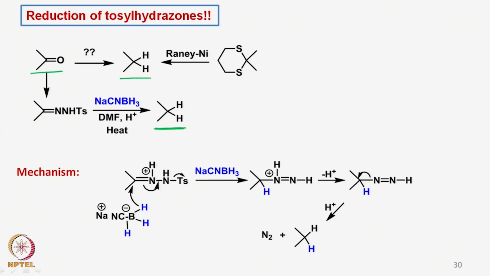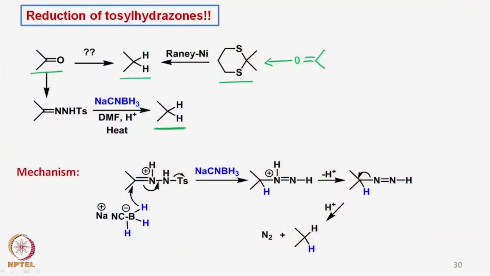If we have a carbonyl group, of course we can carry out Wolff-Kishner reduction, and then we have another possibility: we protect the carbonyl group as a dithioketal, and once we have the dithioketal, the reduction can be done by Raney nickel, the special nickel catalyst on the surface of which hydrogen is adsorbed, and that allows the cleavage of these carbon-sulfur bonds by the hydrogen, and then you get the corresponding molecule in which the oxygen is replaced by 2 hydrogens.